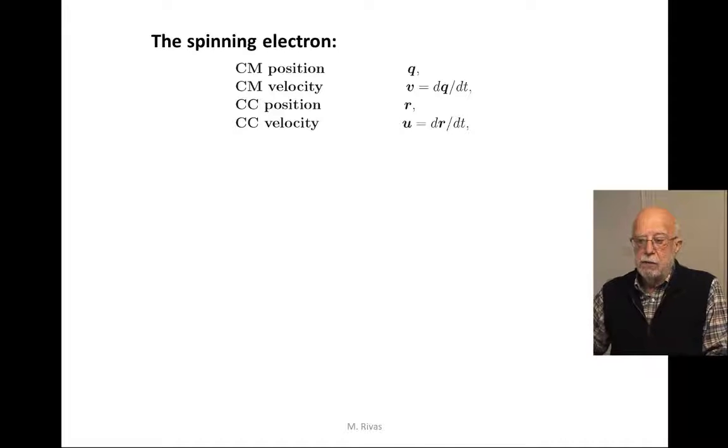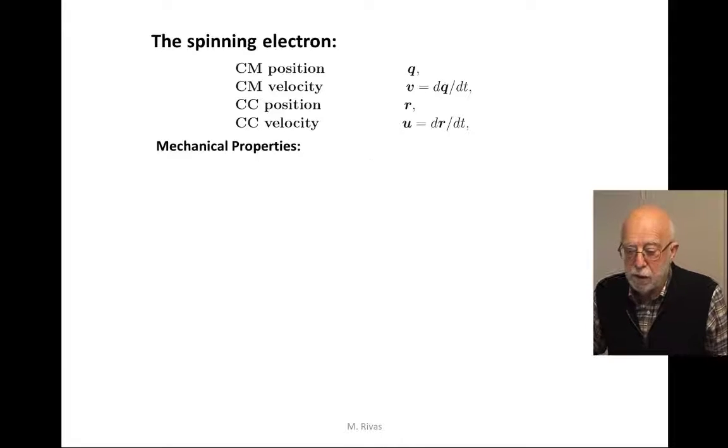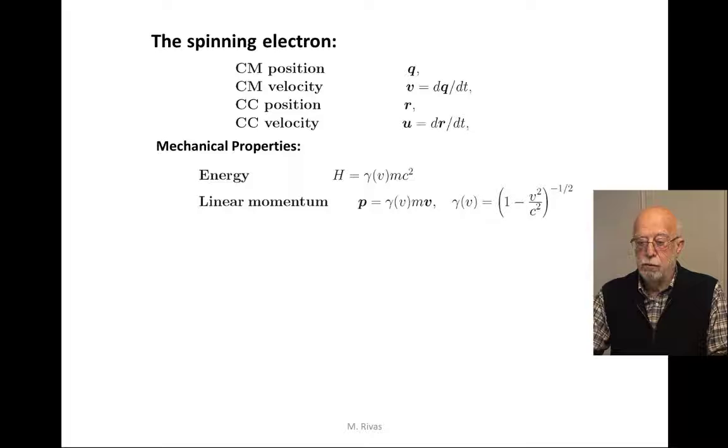Now the spinning electron. These are its kinematical variables: the center of mass position and velocity, and the center of charge position and velocity. And the dynamical and mechanical properties of this object are, as before, the inertial linear momentum, which are written in the same form as in the point particle case in terms of the center of mass velocity.